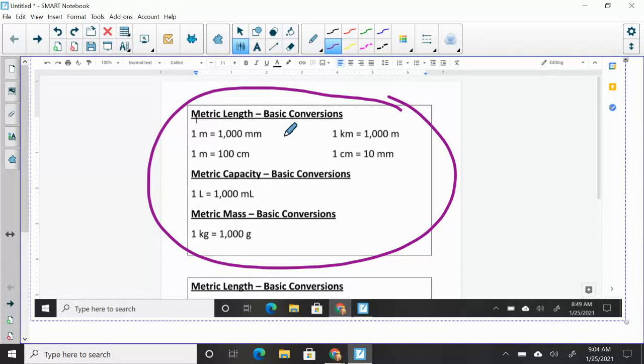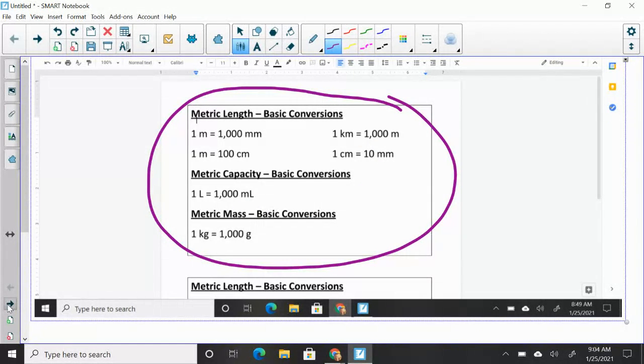So if somebody were to say, what would be the best measurement for the width of the door? Would you say 150 centimeters or 150 grams? 150 centimeters because we're talking about length or distance. Grams does not measure length or distance, okay? So these are basically the ones that you need to become familiar with.